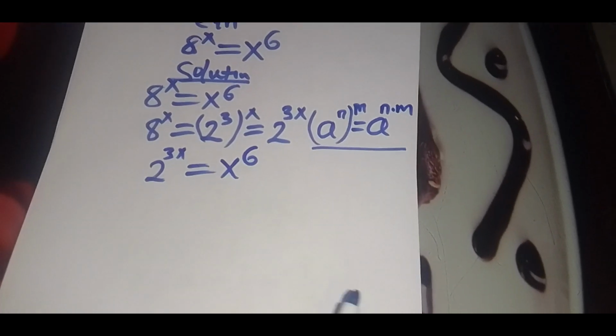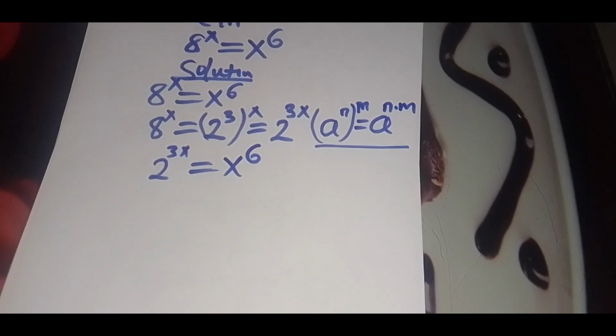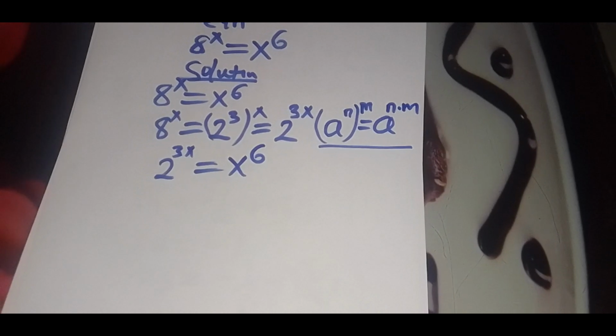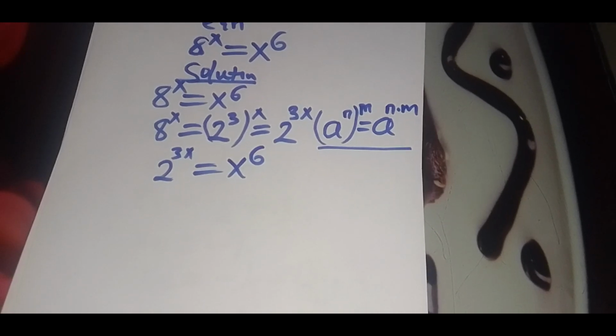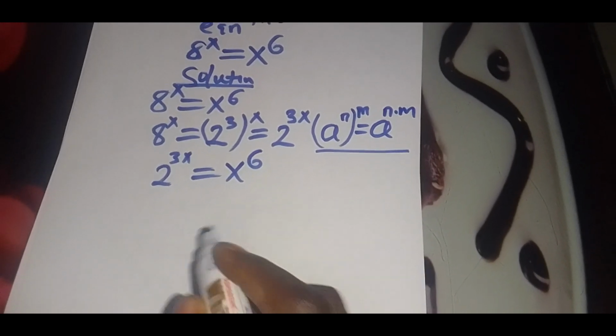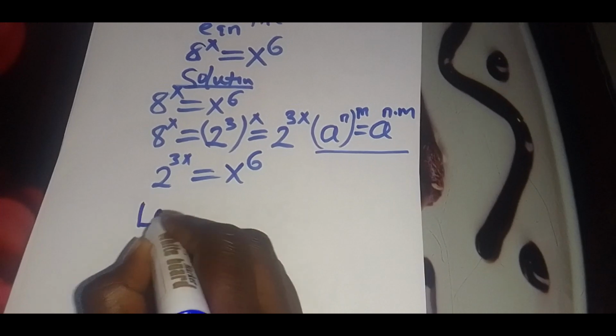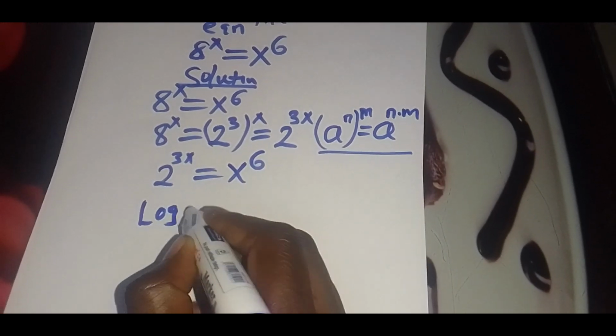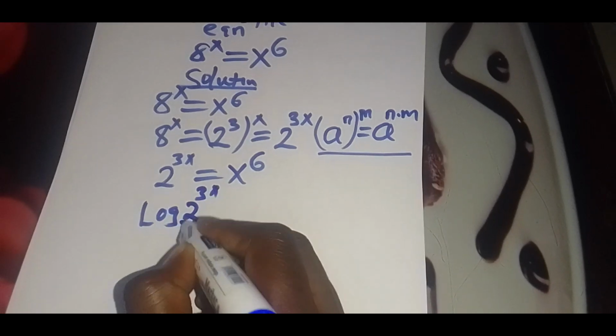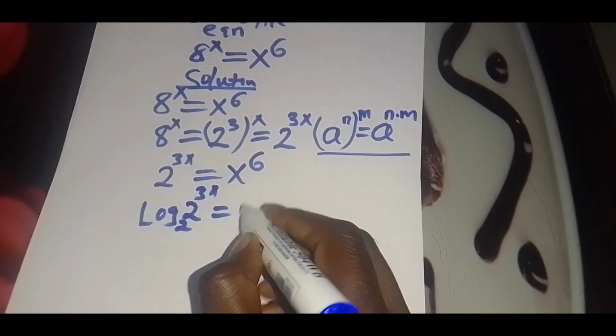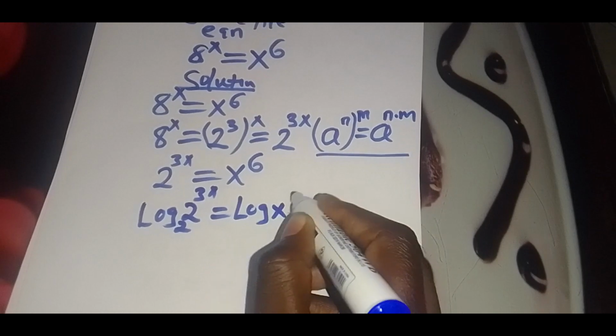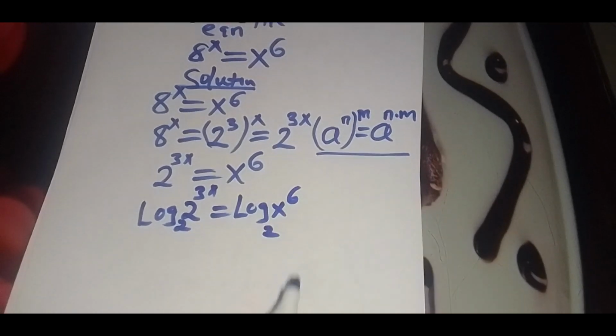Now taking the logarithm on both sides, that is the logarithm of base 2, we're going to have log of 2 raised to power 3x to base 2 equal to log of x raised to power 6 to base 2.